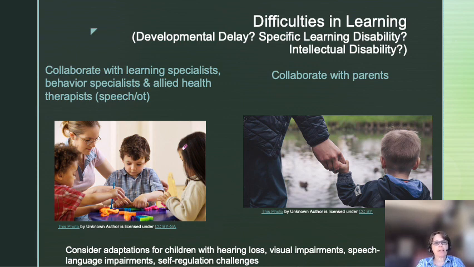Or we could be discussing a child with something described as a specific learning disability, where one set of skills, say reading and literacy, is demonstrably impaired, more impaired than would be expected given their skills in other areas. So that's when you have a relative weakness in somebody's profile.